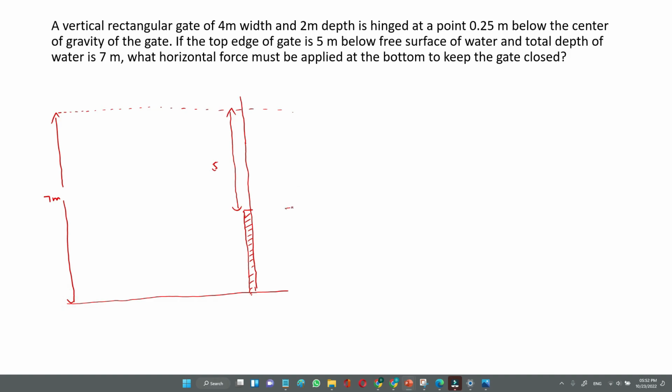If you draw the side view of the gate, it will be like this. It is given that the height is 2 meter deep. This is 2 meter deep and this is 4 meter wide.